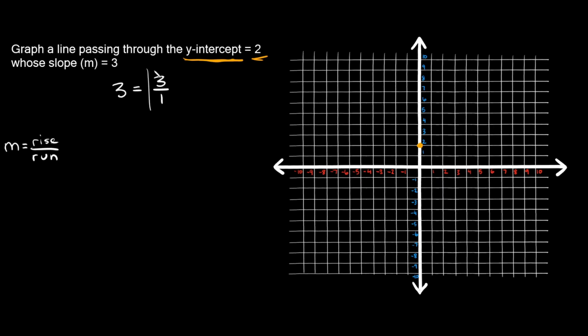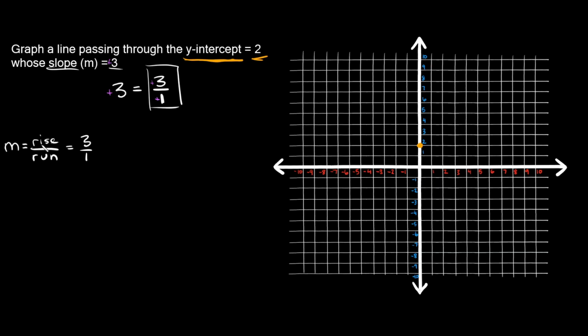But in this case, we want to write it as a fraction, because a slope is written as a fraction with a number on top and on the bottom. So whenever your slope is equal to a whole number like this, just make sure you put it over 1. And just to be clear, this is a +3, so that's why we have a +3 up here and a +1 down here.